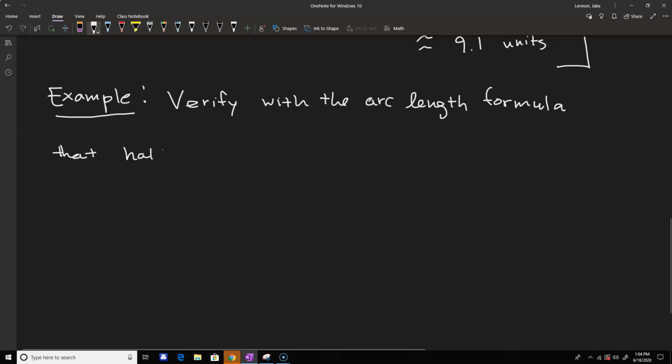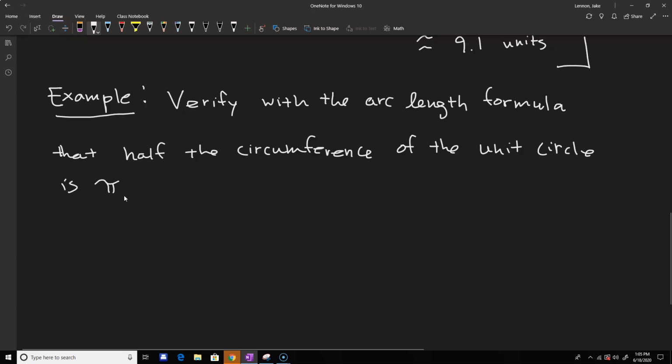Half the circumference of the unit circle is exactly pi. Right, and let's just recall that.